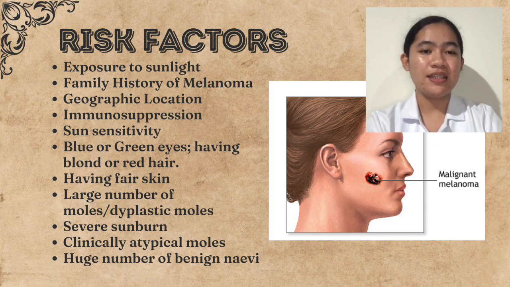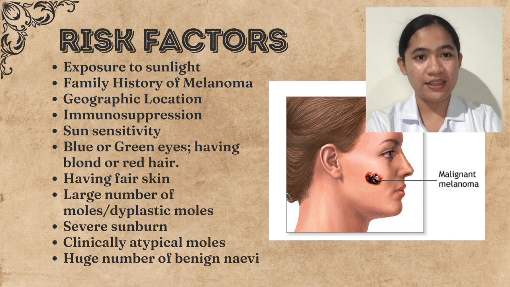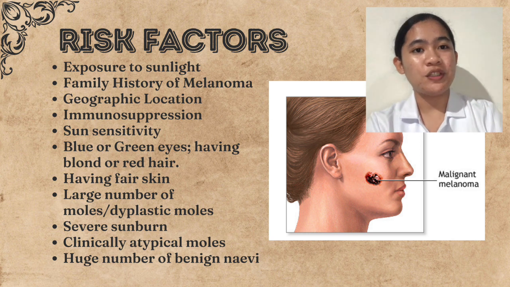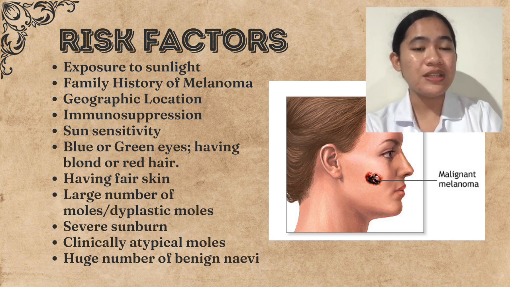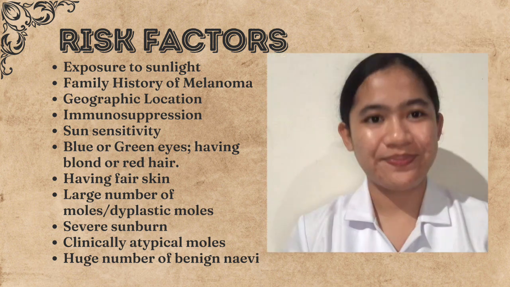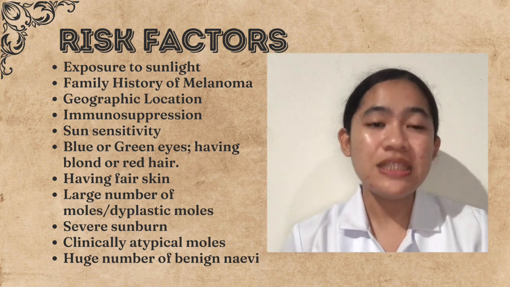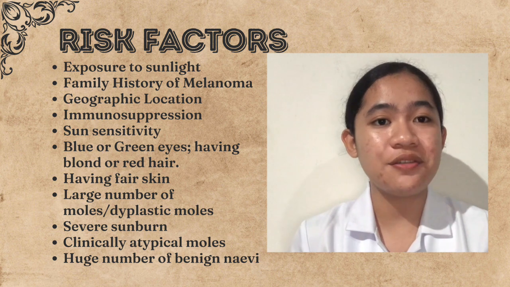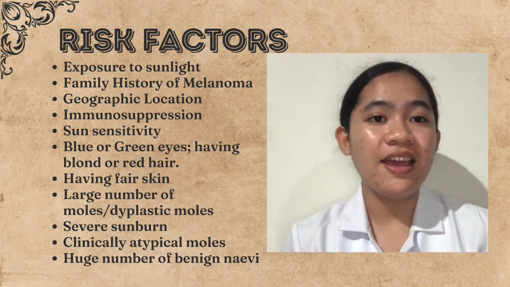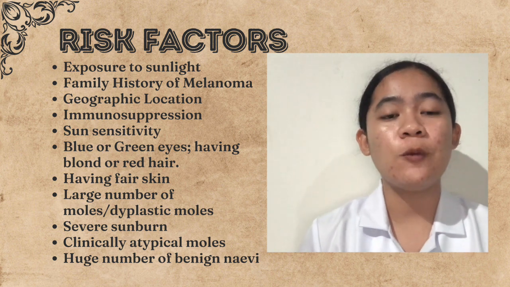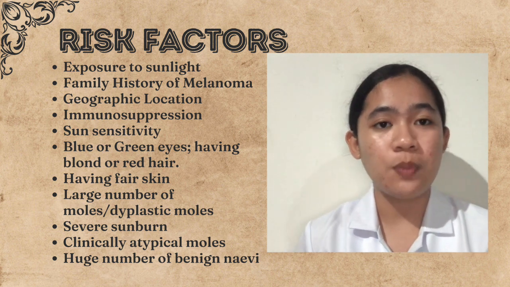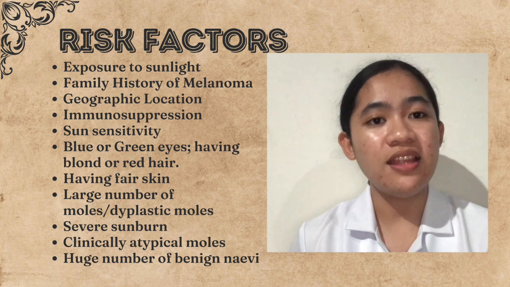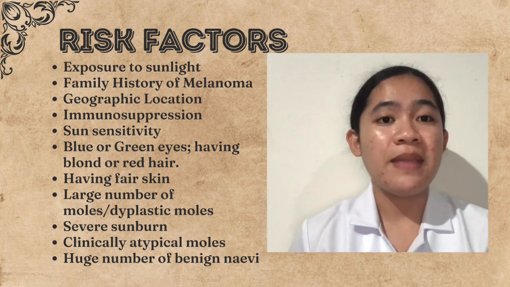Malignant melanoma is caused by a combination of genetic as well as environmental factors. So now I'm going to discuss the different risk factors affecting melanoma. The following are the risk factors of malignant melanoma. First, we have exposure to sunlight, severe sunburn, and sun sensitivity. This is due to excessive exposure to UV radiation or sunlight, which may damage the DNA in our skin cells or melanocytes.